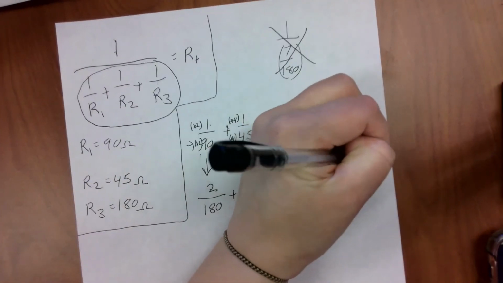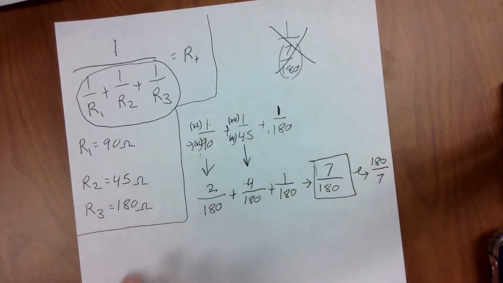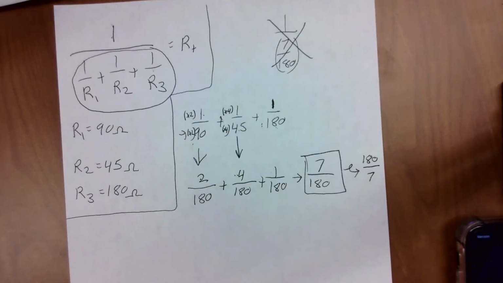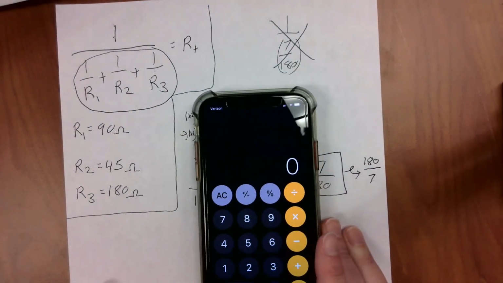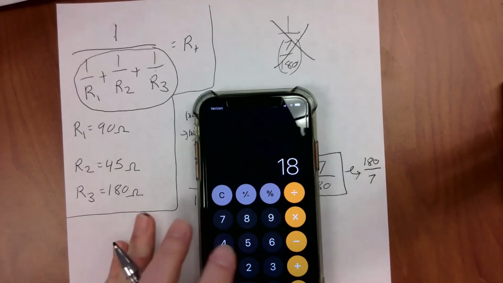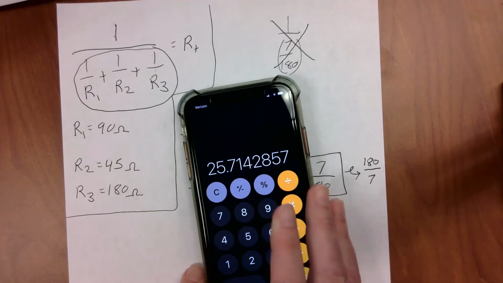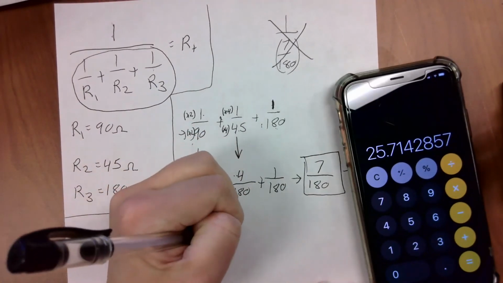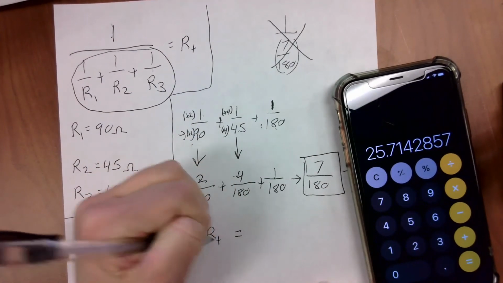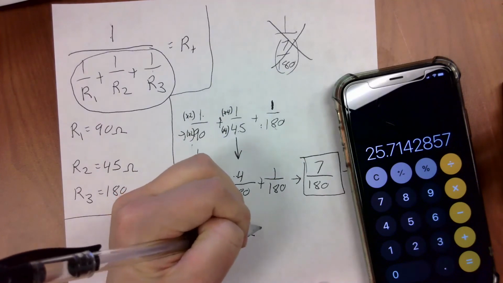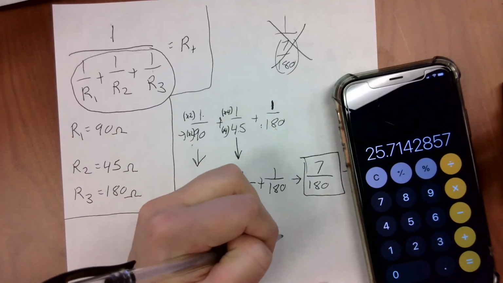And so it's 180 divided by 7 instead. And if we do that simple math, 180 divided by 7, we see the number that we get for our total resistance is 25.7 ohms.